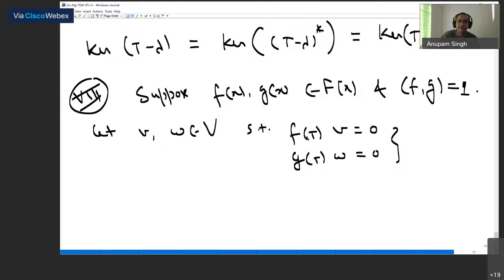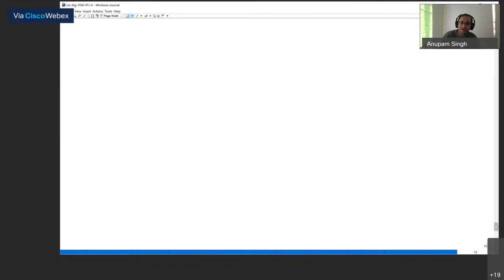Remember, this is what I defined the other day when defining a cyclic vector: the annihilator of a vector. So suppose I find a polynomial which annihilates v, and another polynomial which annihilates w, but these two polynomials turn out to be coprime, then the vectors v and w are perpendicular.